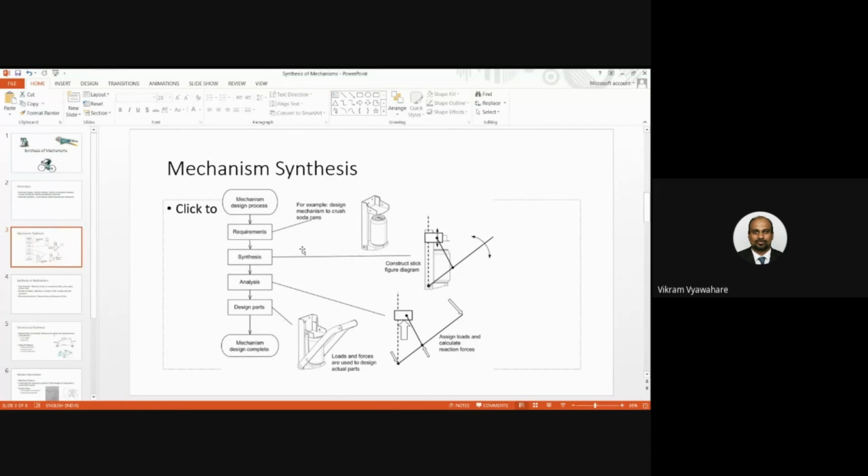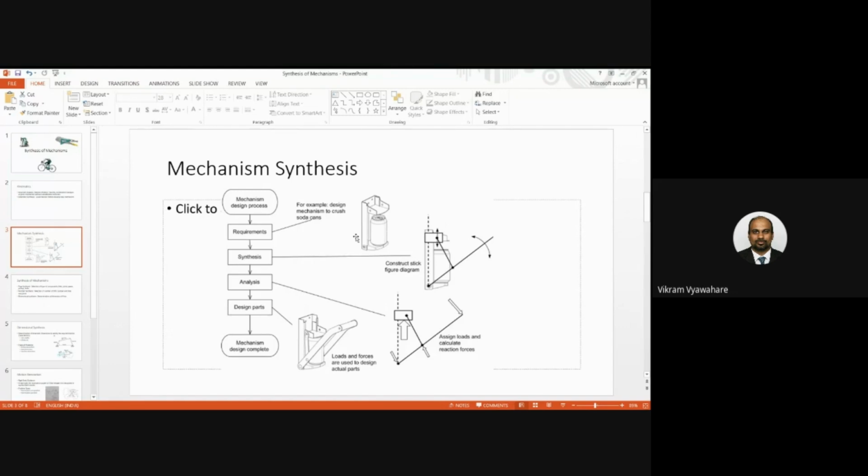And then after you have done synthesis, you can do the analysis: when I apply this velocity to this link, what is the velocity or acceleration of the other links? So that is the analysis. Until now we have considered everything rigid, so nothing is going to break.